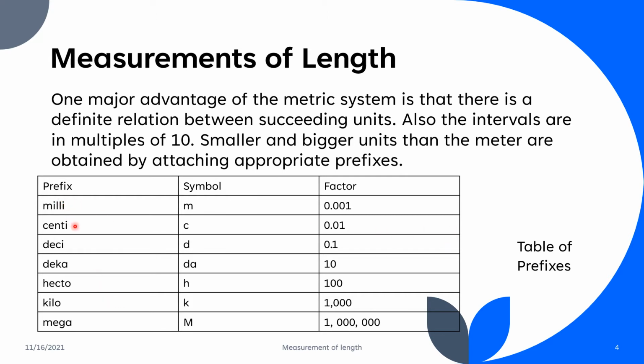Milli, symbol m, is 1/1,000, that's the factor. Centi is c, that's 1/100. Deci is d, or 1/10. Deka or da, or 10. Hecto or h for 100. And kilo, k, is 1,000. And mega, M, that is 1 million.